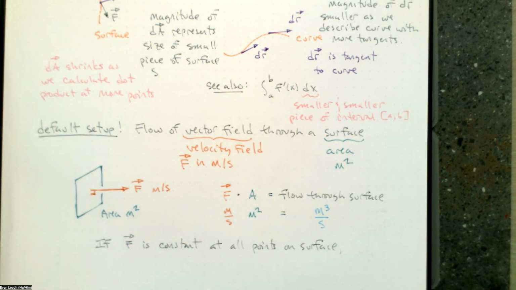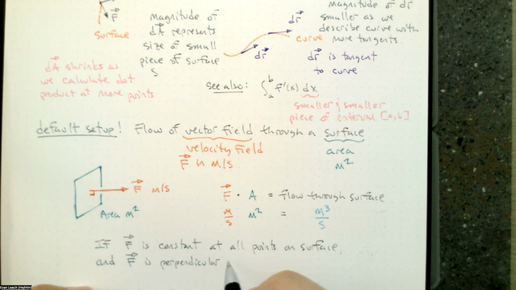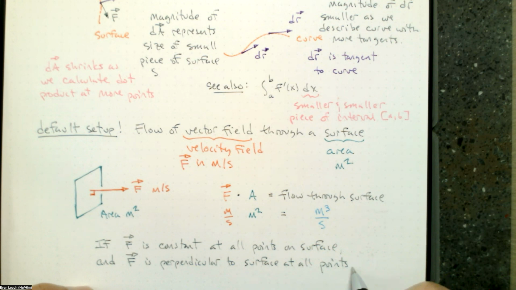So if our vector field is constant at all the points on the surface and the vector field is perpendicular everywhere to the surface, then we get to multiply.